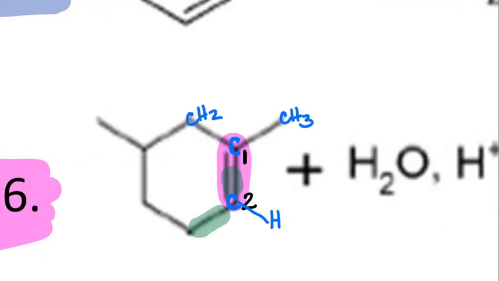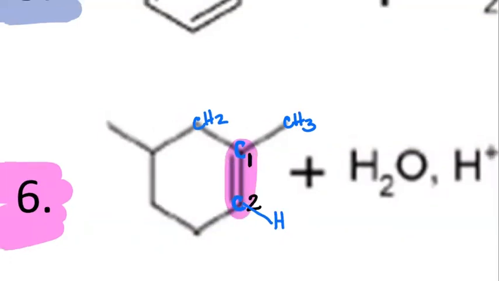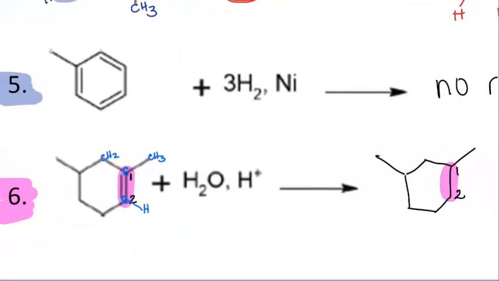So what does carbon number 1 get? Let's put it in the chat. If it's not getting the hydrogen, what's it getting? Great job, the OH. So in the product of my reaction between carbons 1 and 2, carbon number 2 got a hydrogen.